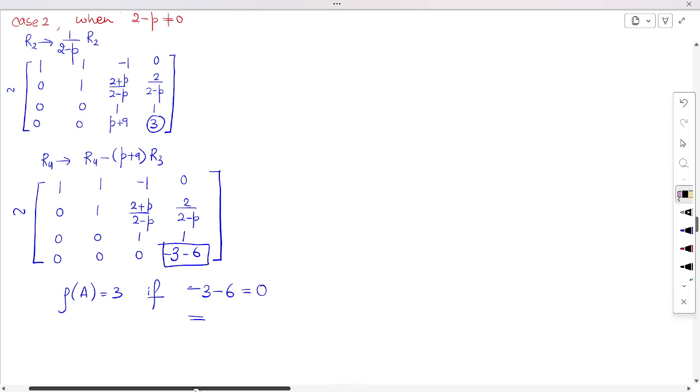Sorry, this is minus p; it was 3 minus p minus 9, which is minus p minus 6. If minus p minus 6 is equal to 0, that is p is equal to minus 6. So the rank of A is 3 when p is equal to 2 and p is equal to minus 6.